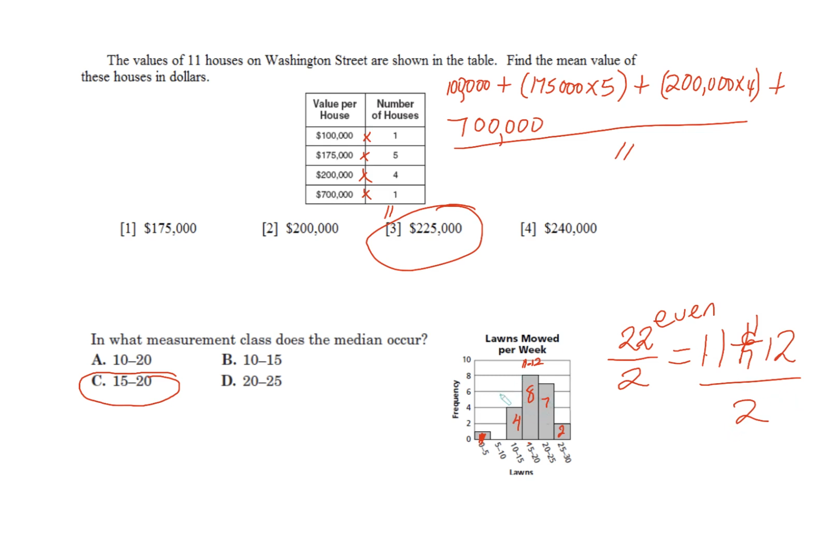So I had to go into my histogram and figure out in which range I would have the 11th and 12th data point. And that would occur in 15 to 20 because when I add 1 with 4, I got 5. And when you add 5 to 8, you get 13. So the 11th and the 12th data point would occur in 15 to 20.